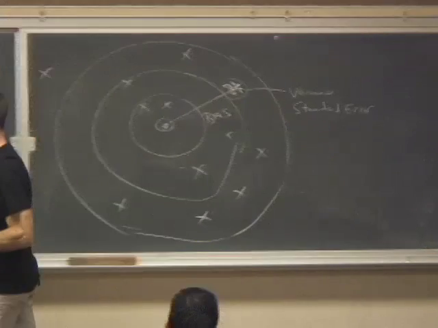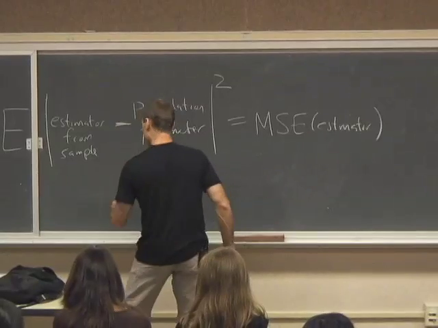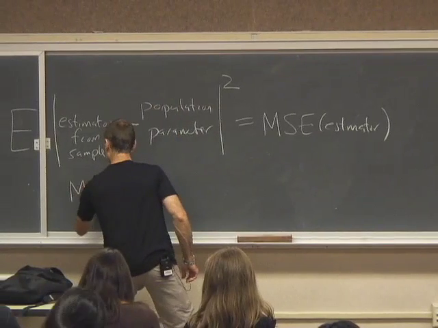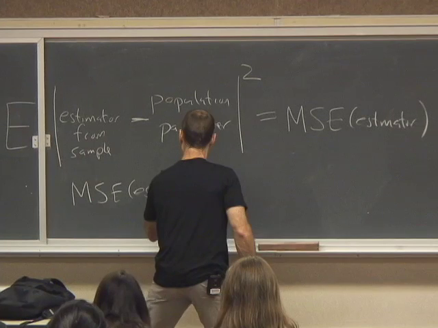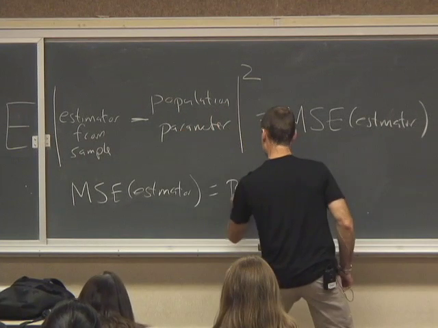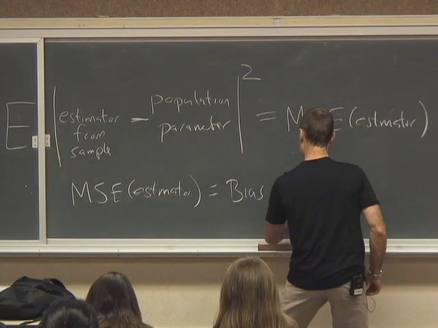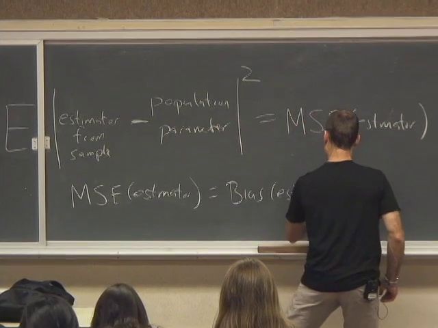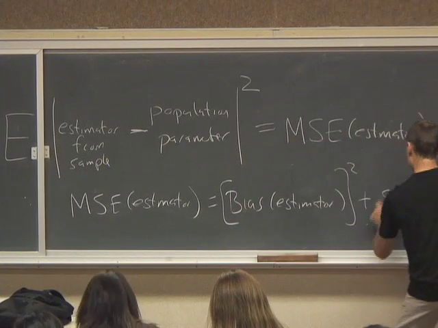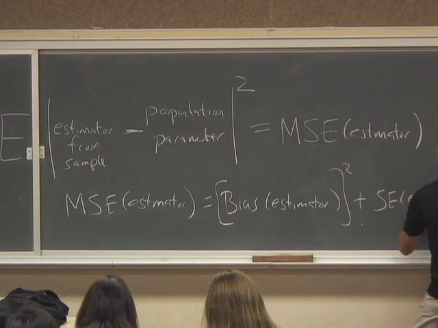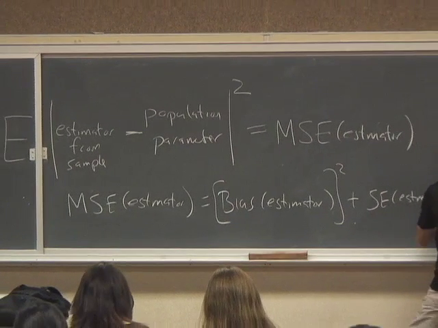So in fact, you can write the mean squared error of an estimator is equal to the bias of the estimator squared plus the standard error of the estimator squared.